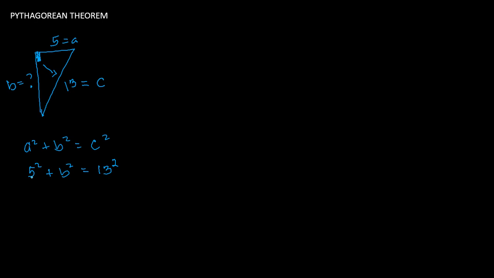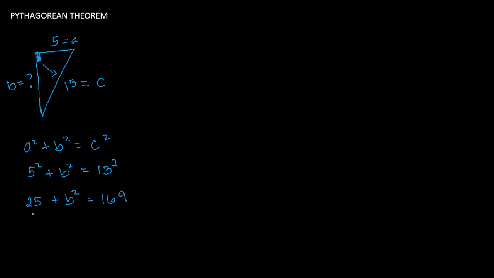Now simplify, or should I say, do the math, expand 5 squared. So you have 5 times 5, which is equal to 25. We have here b squared, just copy. And 13 times 13 is actually equal to 169.